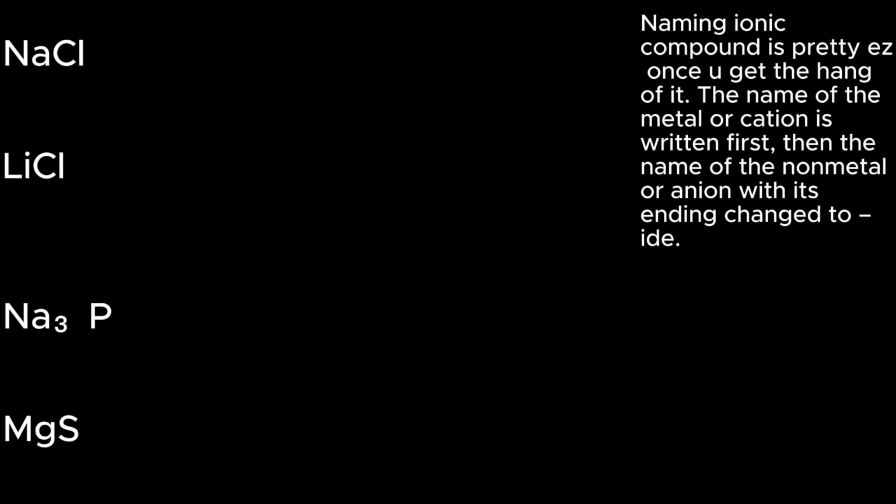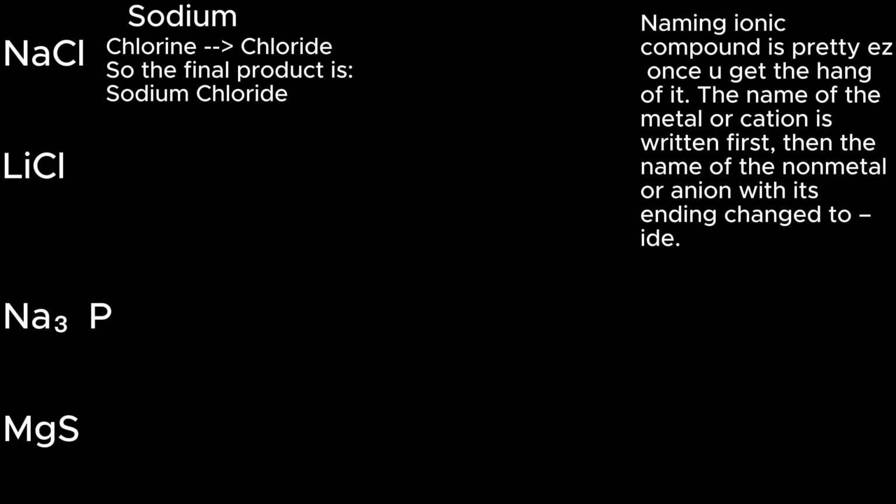And that's sodium. So sodium, and then the other element, Cl. Cl is chlorine. But when you're naming the non-metal, you have to put the suffix IDE. So chlorine becomes chloride.